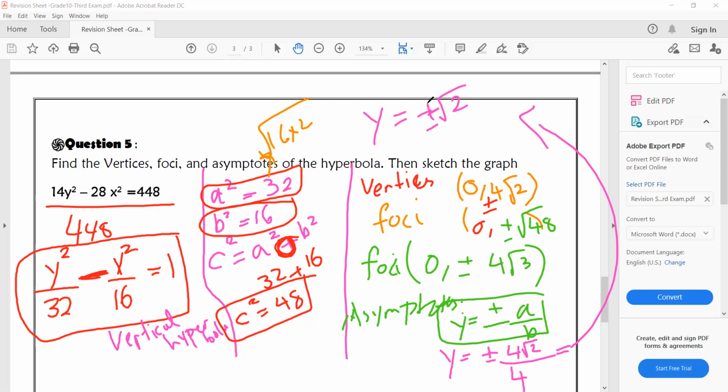Teacher, isn't it y equals square root of 2x? Isn't there an x in the equation of the asymptotes? Because it's oblique.